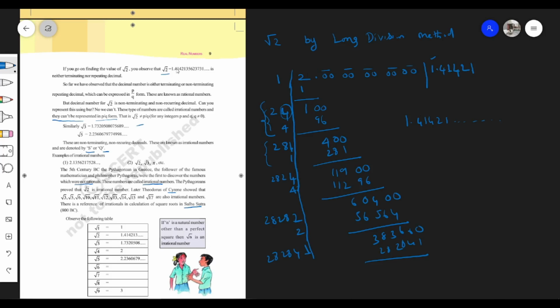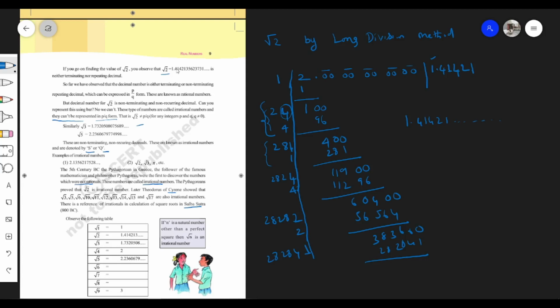That's why it is known as a non-terminating non-recurring decimal form. If it were a non-terminating recurring decimal form, we would have kept it in the form of p by q. So that's why we cannot write this in the form of p by q. That's why square root of 2 is categorized under irrational numbers.